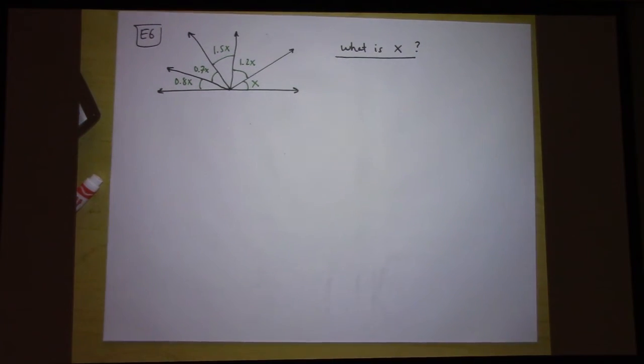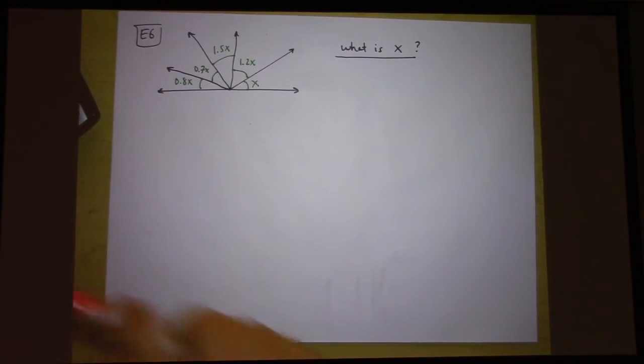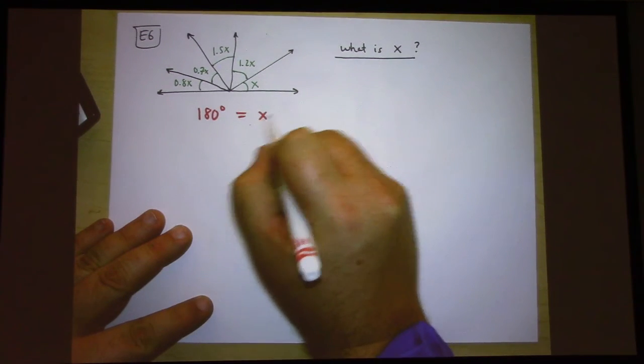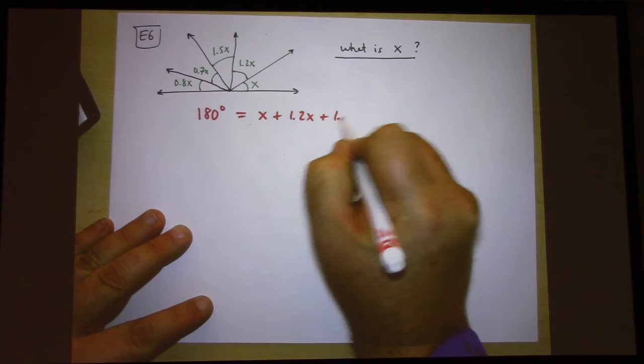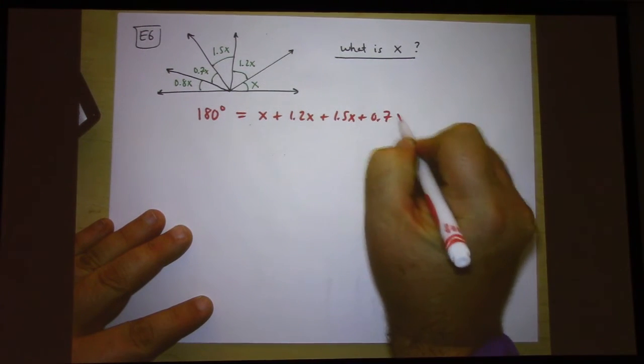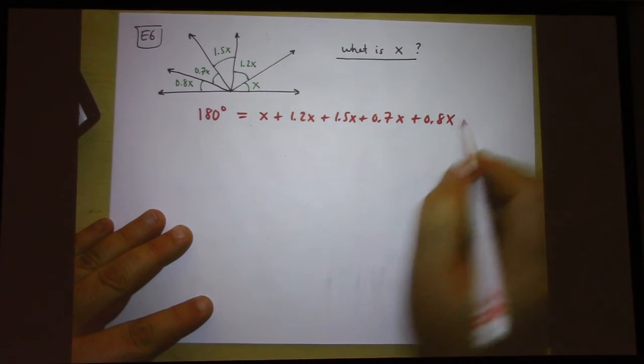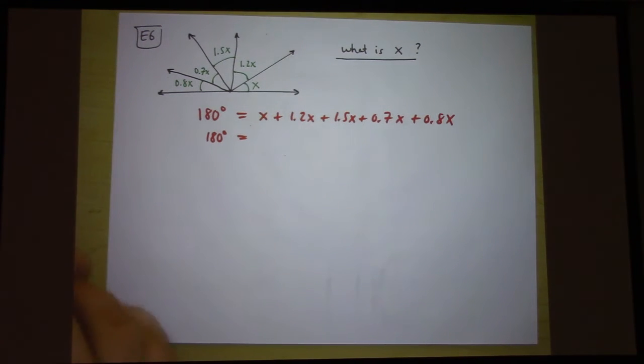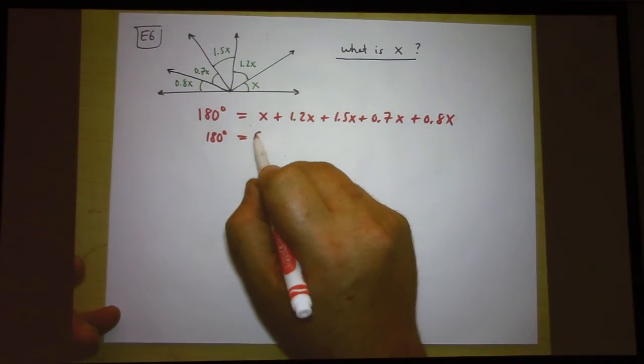So I'm telling you that we have a straight line on the bottom, and so the idea here is the sum of the angles over a straight line is 180 degrees, right? So we would have 180 degrees is x plus 1.2x plus 1.5x plus 0.7x plus 0.8x, and what would that give us? 5.2x, right?